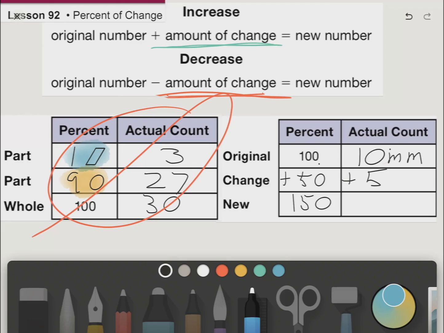And that will get you a change of plus 5 millimeters. And so the new amount of rainfall for this month would be 15 millimeters of rainfall.